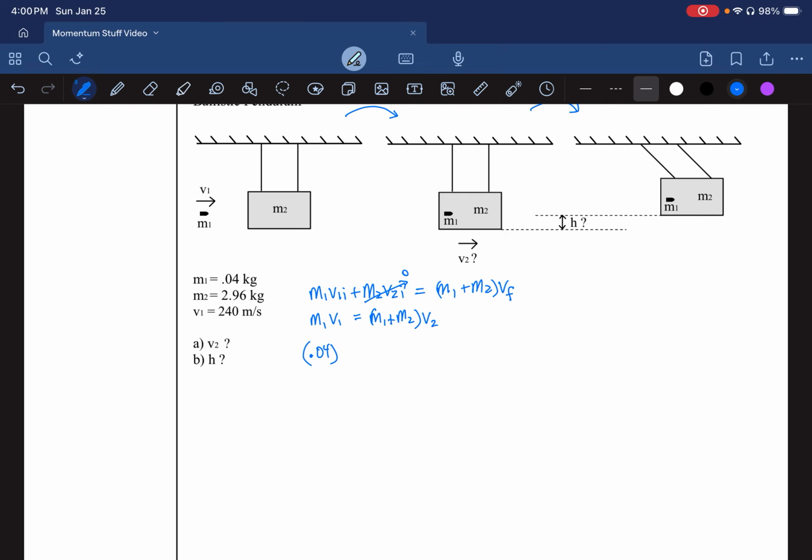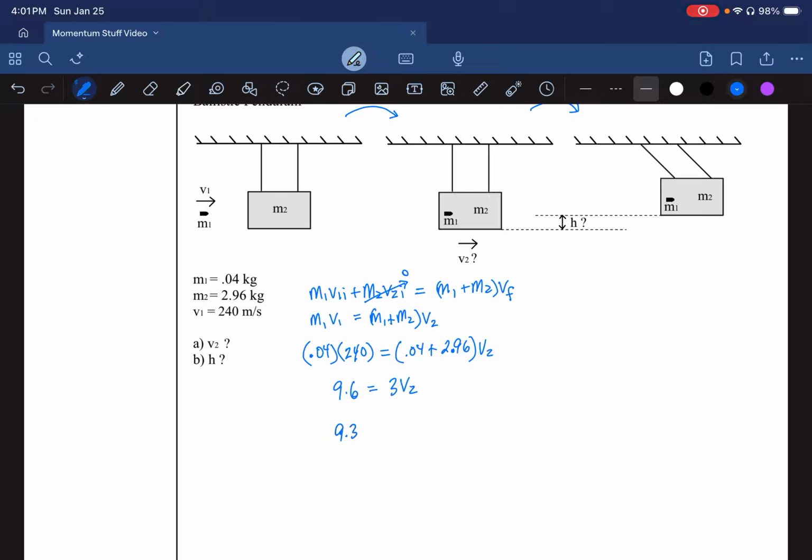0.04 times v1, which is 240 to the right. And mass 1 is 0.04, plus 2.96 times v2. Okay, this is 9.6 equals 3 v2.